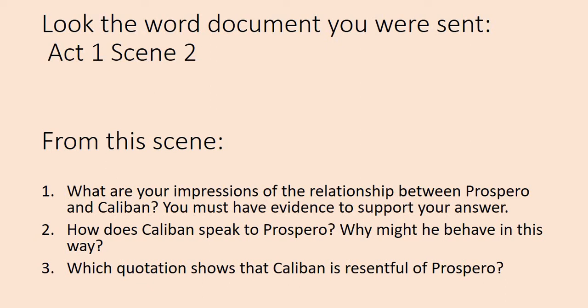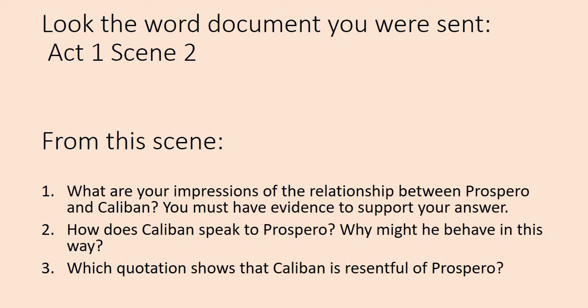So there are 3 tasks you're going to do for this scene. Initially, these will take you between 10 to 15 minutes maximum, depending on how quickly or slowly you work, okay? You need to write down question number 1. What are your impressions of the relationship between Prospero and Caliban? You must have evidence to support your answer.